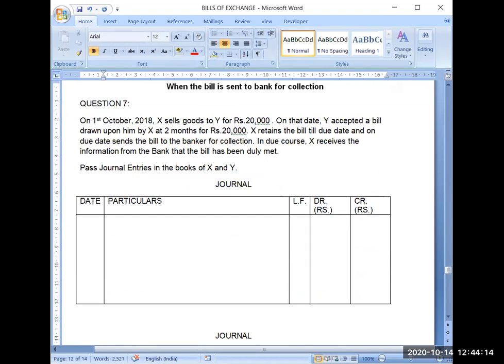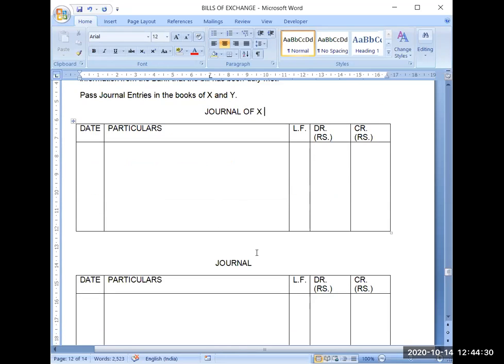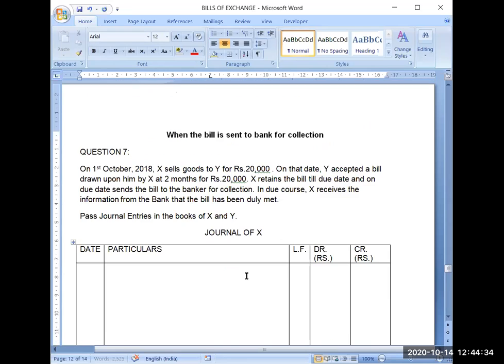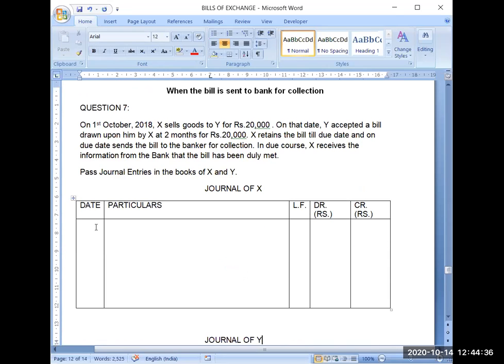Just see the question. On 1st October 2018, X sells goods to Y for rupees 20,000. So now we will be recording the transaction in the books of X and in the books of Y. X has sold goods, year is 2018. So first I will write the year.